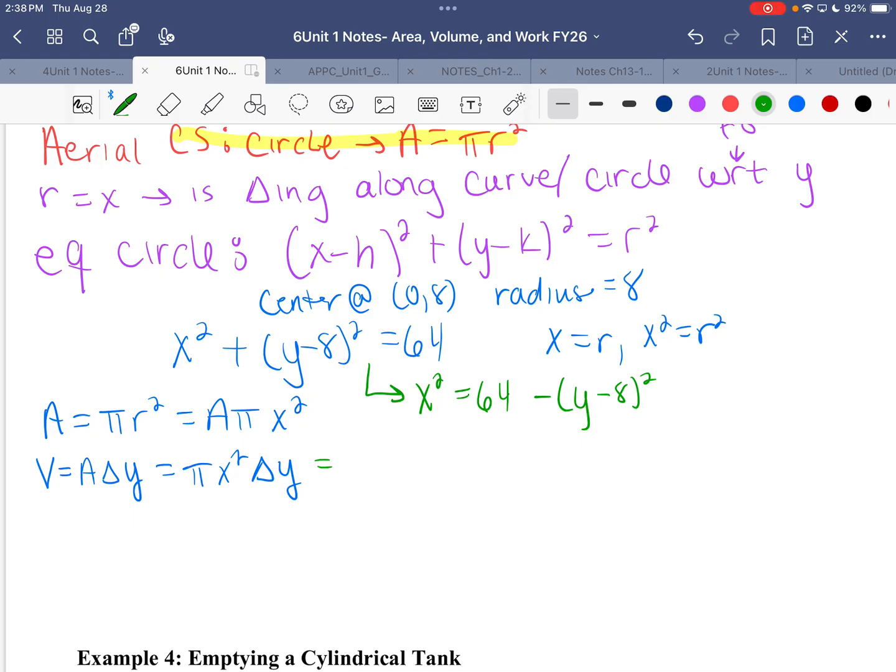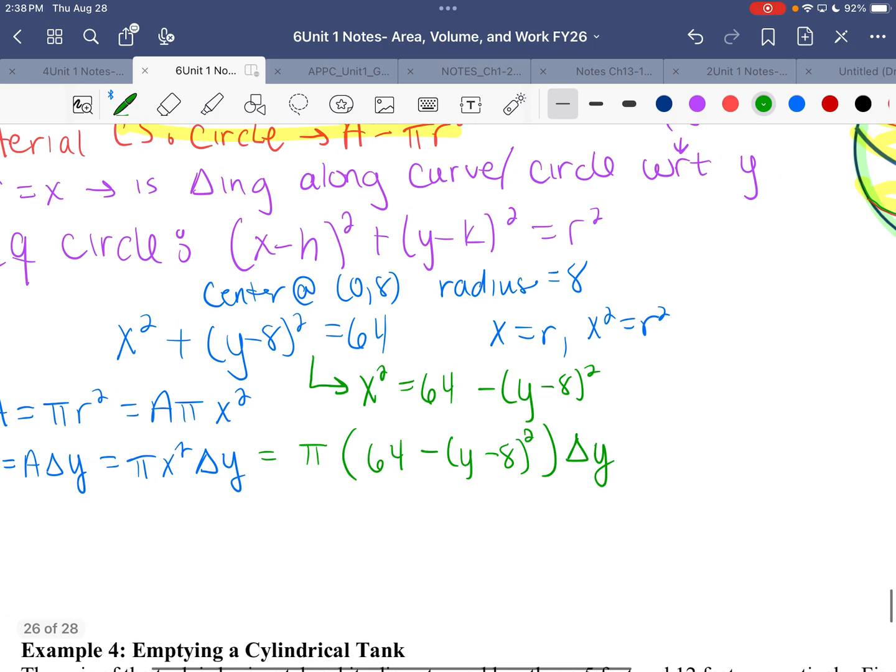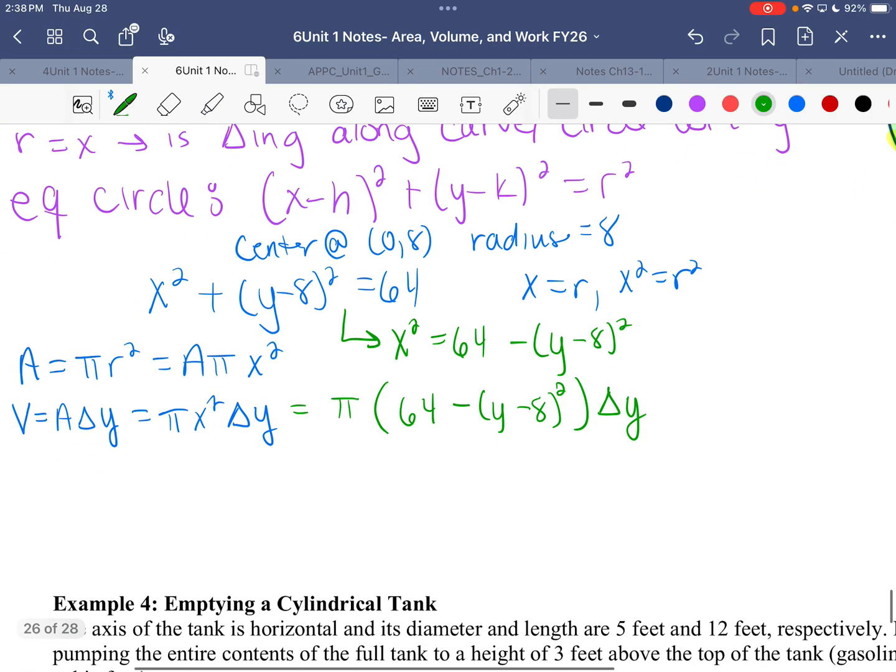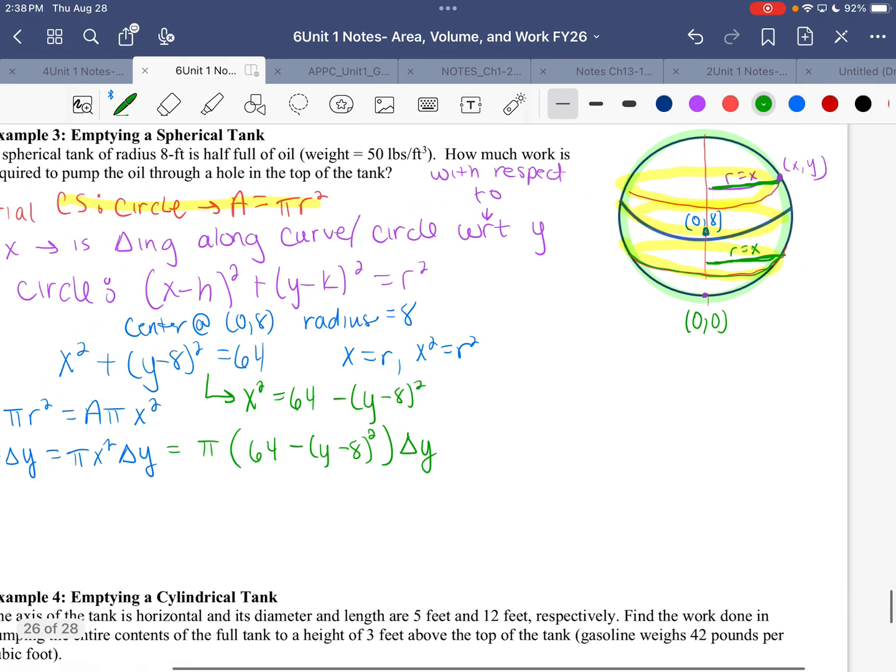Okay, subbing in. You do not need to simplify the y minus 8 squared. You can, but you don't need to. And remember, we're taking each one of these little volumes. Our force equation is taking the volume times our density.